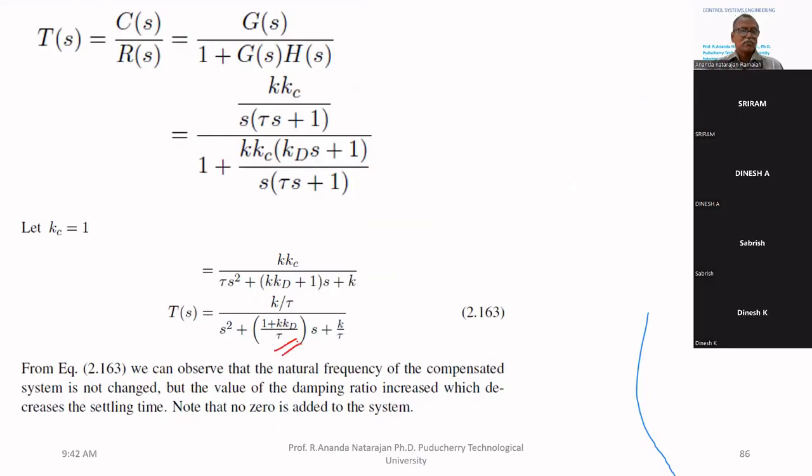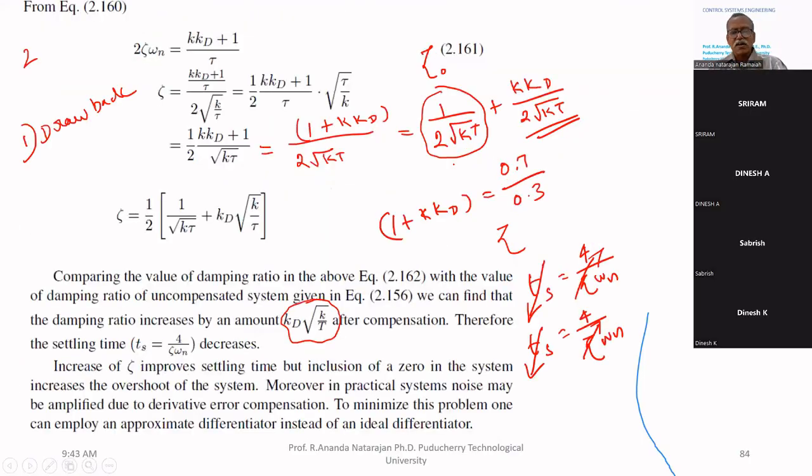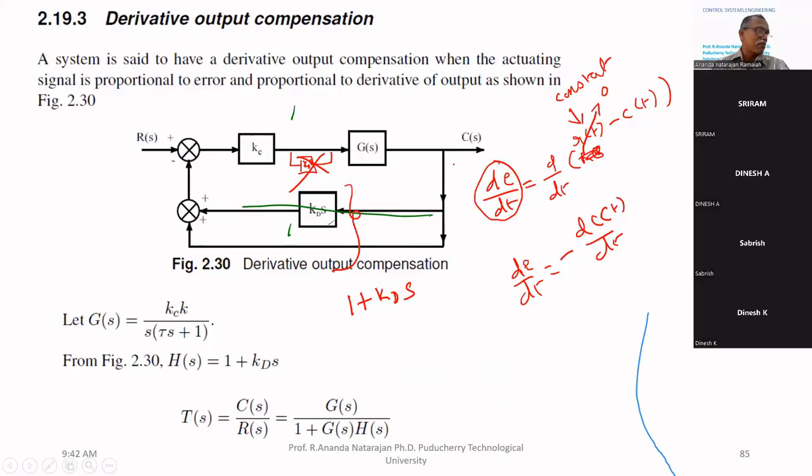So instead of 1 by tau, we got 1 plus KD times 1 by tau. The natural frequency is not changed, but damping ratio is increased by 1 plus KD times. So instead of using the derivative compensator in the forward path, it can be used in the feedback path.